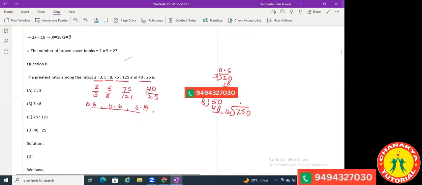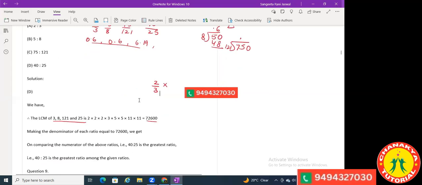Now if I have this 2 by 3 as one fraction, and my denominator is 72600, with which number will I multiply this? So that's a long process. But never mind, although you will not get such lengthy questions.